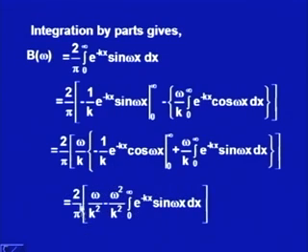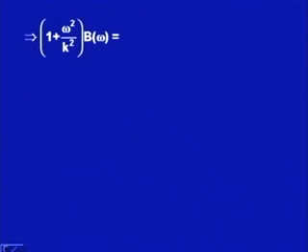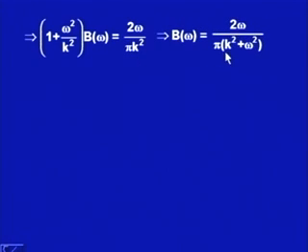So, what we are getting is 2 upon pi times omega upon k square minus omega square upon k square integral 0 to infinity e to the power minus kx sin omega x dx. This integral with 2 upon pi is B(omega). So, we get (1 plus omega square upon k square) B(omega) is equal to 2 omega upon pi k square. This says B(omega) is 2 omega upon pi times (k square plus omega square).